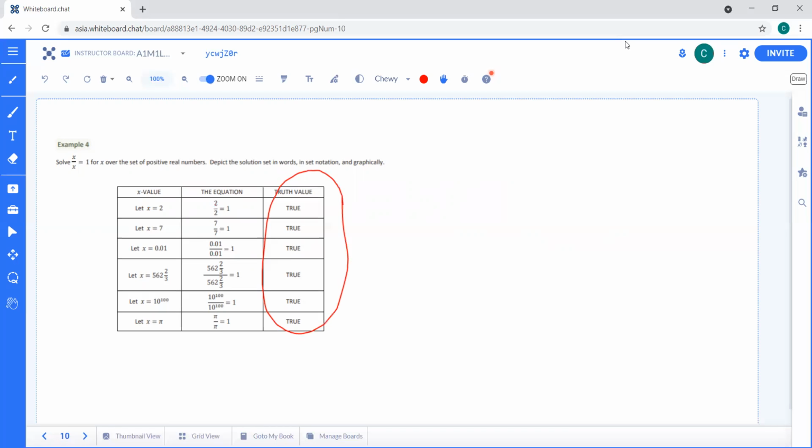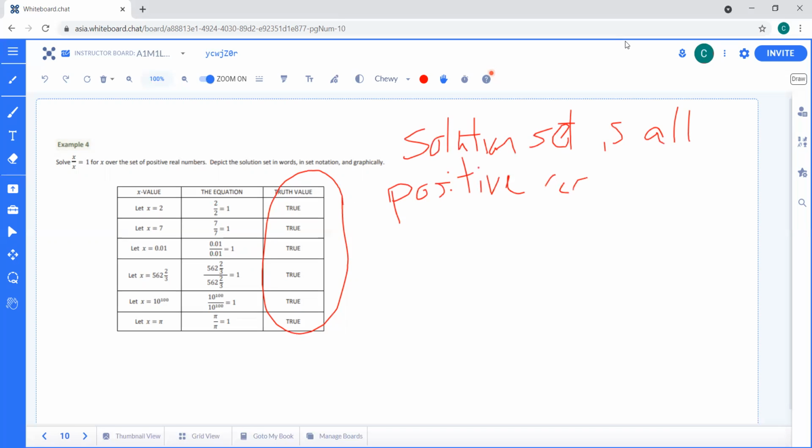Everything is true. So how are we going to write that in words? We would say the solution set is all positive real numbers. We say positive because it told us that it had to be positive real numbers.